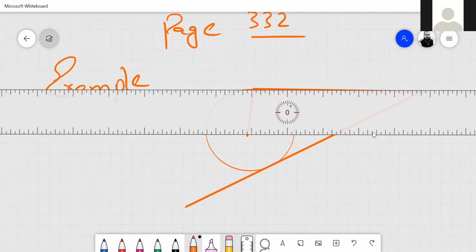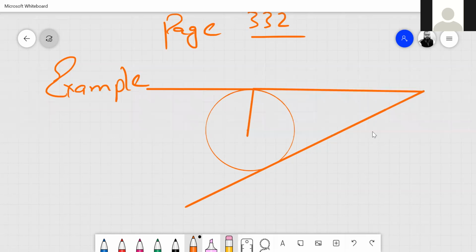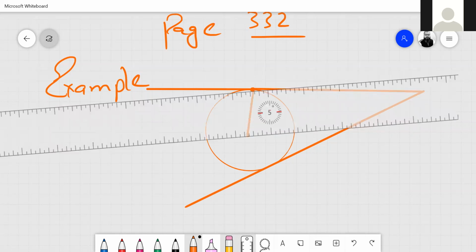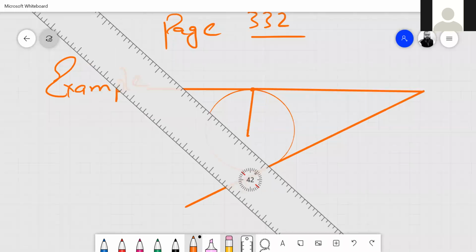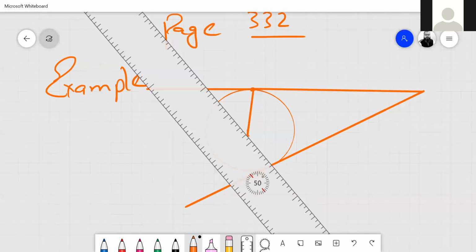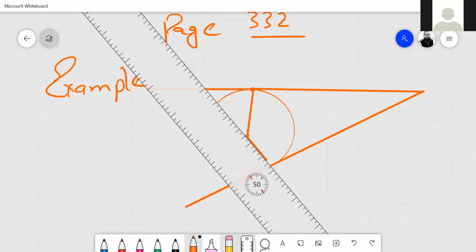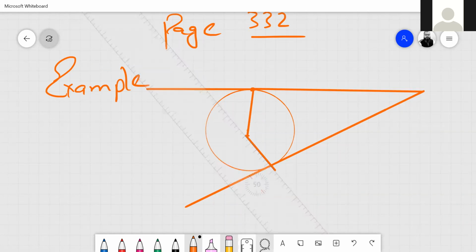This is almost similar to the diagram in the book. So now one tangent is touching here and the other will touch down at a point, for example, here. So here will be the angle.